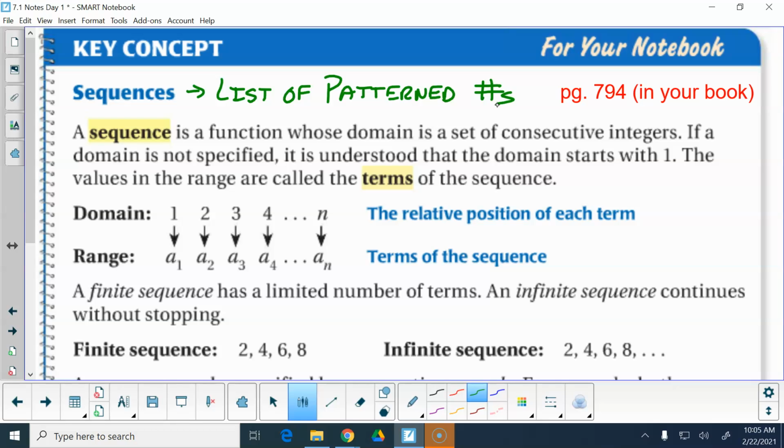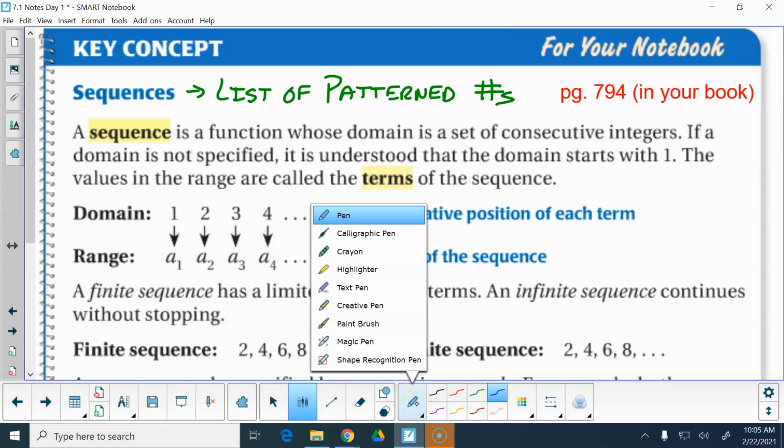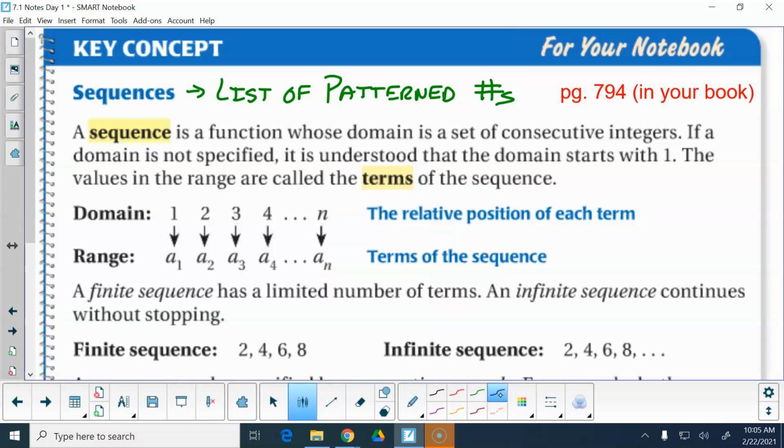So a sequence has what is called a rule. A lot of the time, a rule is going to be some kind of a function.